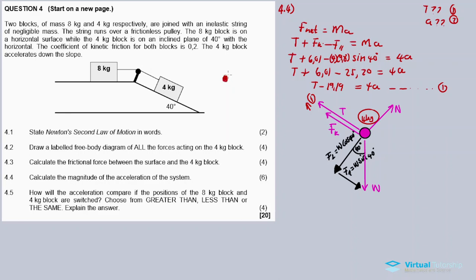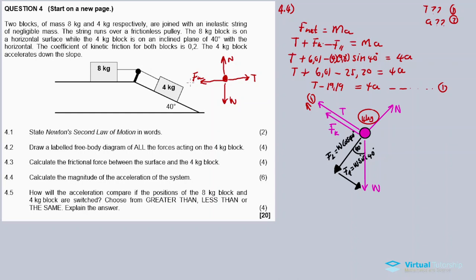The free body diagram has the normal, tension, and then there's weight. There's also friction, Fk, as well, right? With Fk. Now look. Check this out. So this is the free body diagram for the 8 kilogram block.